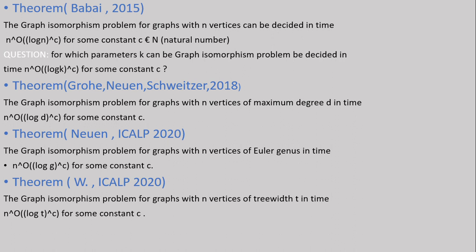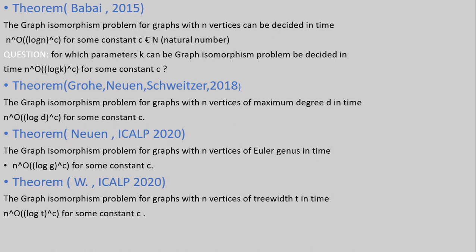That's an exponential function. He gave the result that the graph isomorphism problem for graphs with n vertices can be decided in time n to the power of O((log n)^c) for some constant c in the natural numbers. Here the question arises: for which parameters k can the graph isomorphism problem be decided in time n^O((log k)^c)?